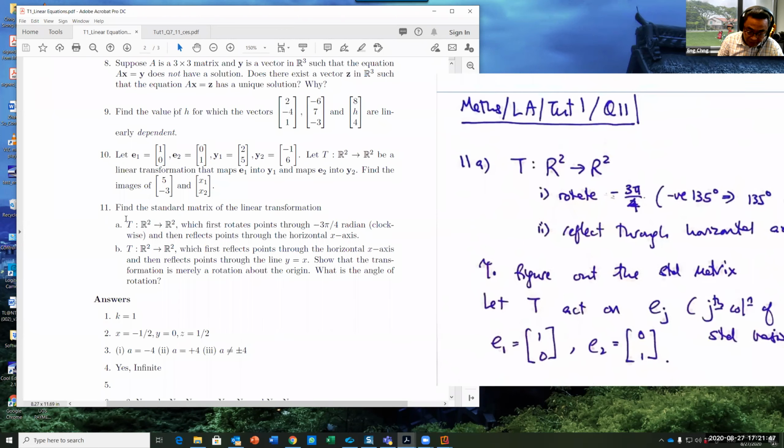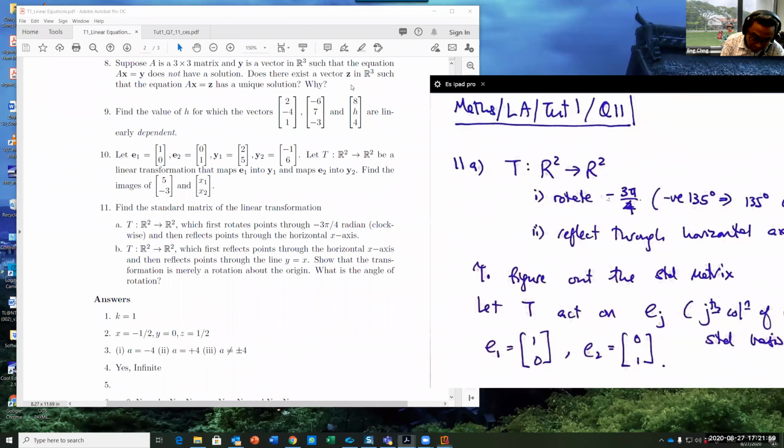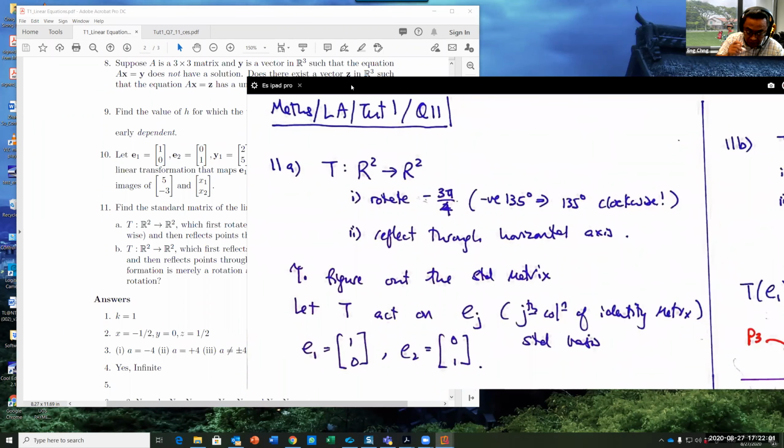The first standard matrix tells us that my transformation takes R2, a vector with 2 elements, and generates R2, a vector with 2 elements. It first rotates by minus 3 over 4 pi.